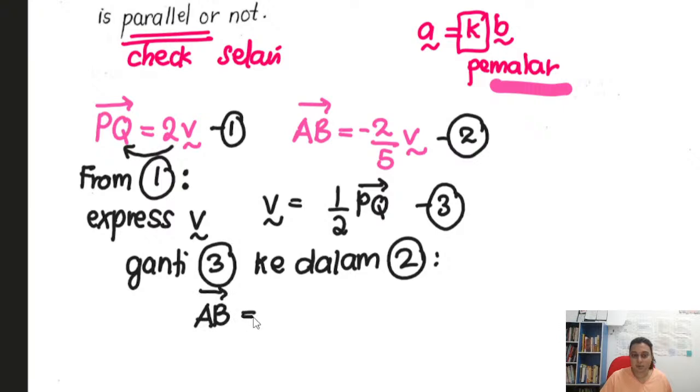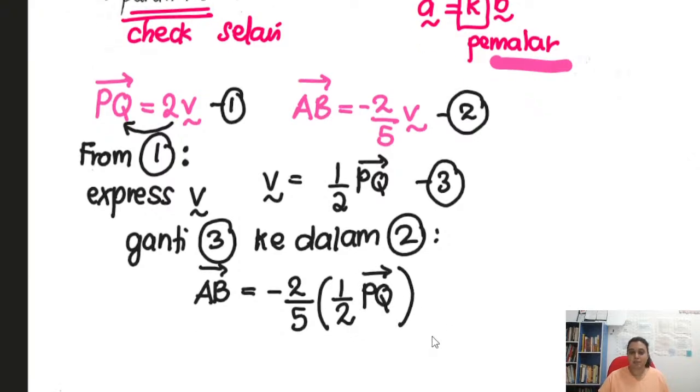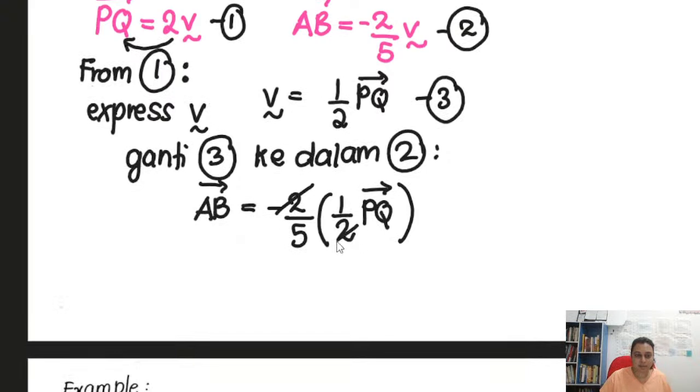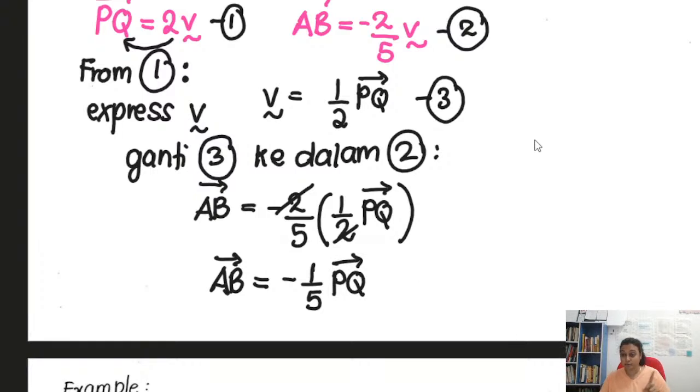AB equals to negative 2 over 5, the V, kita salin apa yang kita dapat tadi. We copy down what we got just now: 1 over 2 PQ. Then we solve. If you can cut, you cut and solve. So AB equals to negative 1 over 5 PQ. Sekarang how to know it's parallel or not?